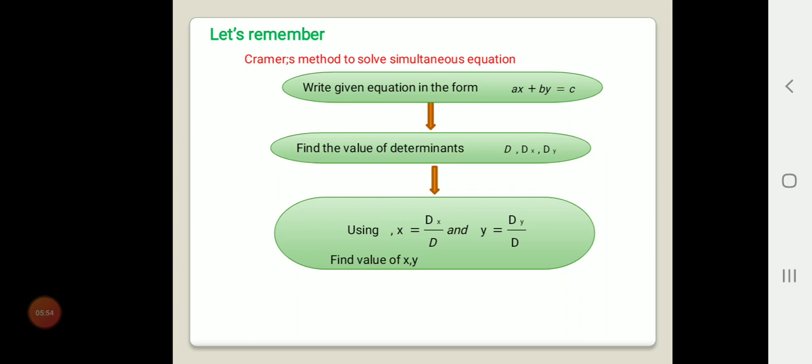Third, using x equal to Dx upon D and y equal to Dy upon D, calculate the values of x and y. This is the application of Cramer's rule. Next, we learn an example.